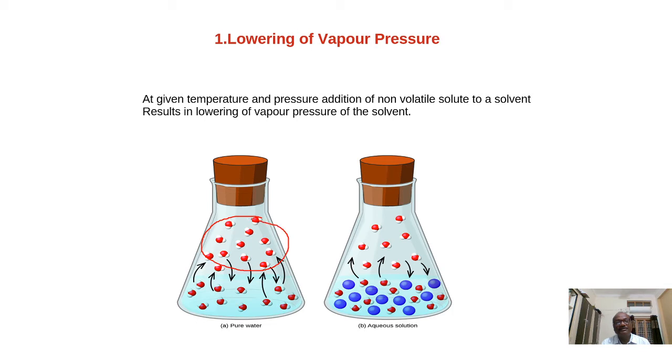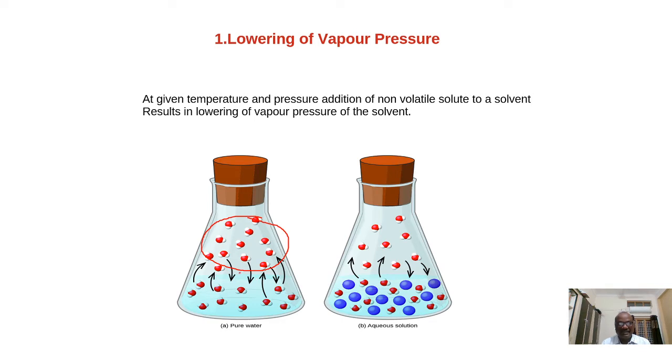At a given temperature, what happened? Due to evaporation of the liquid, the space present above the liquid will be occupied by the vapor molecules. These vapor molecules will exert pressure on the surface of the liquid.